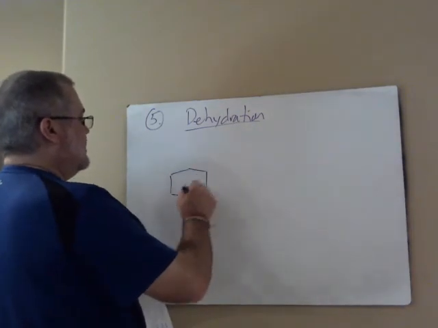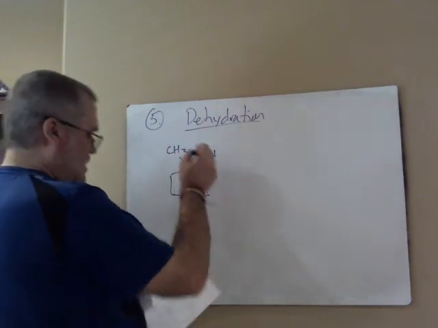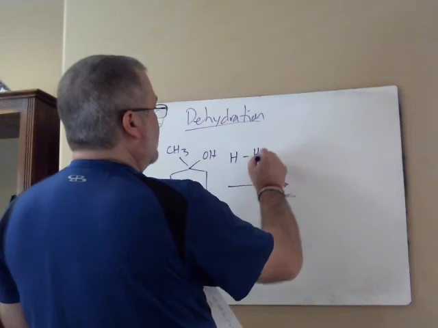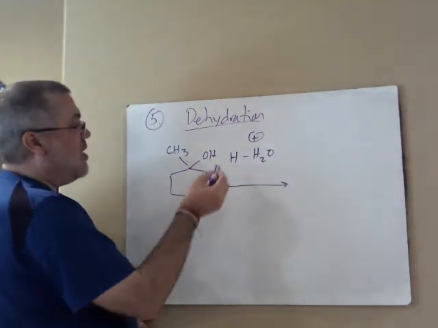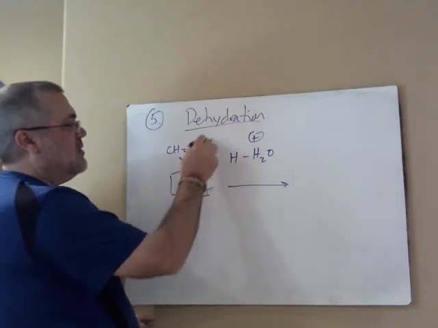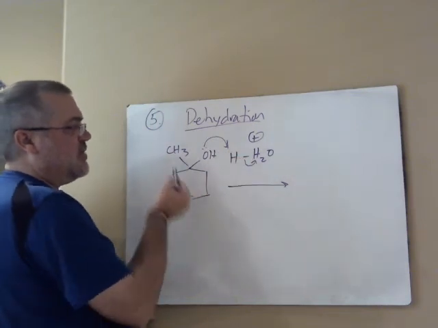And that is, if we look at the mechanism of this reaction, to say that it's E1 means that I'm going to have the reaction between the protonated water. That's an acidic proton. This is the nucleophilic oxygen.